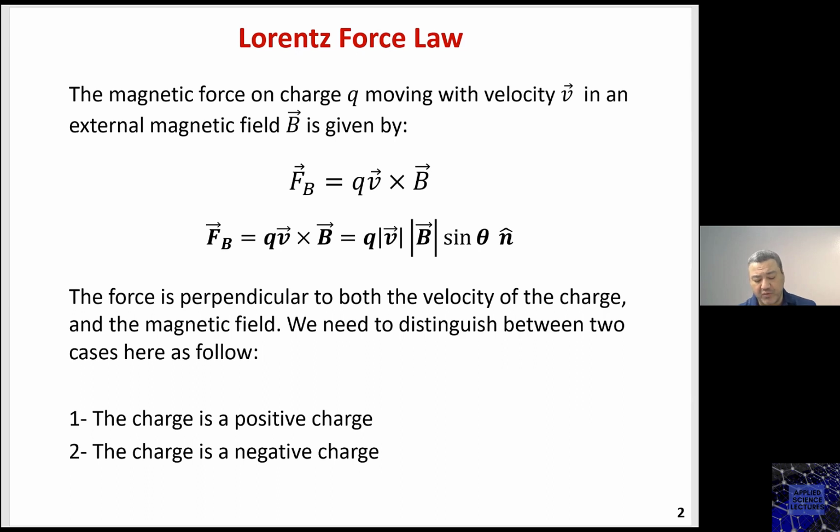So the magnetic force, which is the Lorentz force here, equals Q V cross B. So the cross product of two vectors, the velocity of that charge cross the magnetic field, of course, with the scalar Q being multiplied by the velocity, then the force would be a vector that is perpendicular to the plane of the V and B. So the mathematical representation of this is Q, magnitude of velocity, times the magnitude of the magnetic field, times sine theta, which is the angle between the velocity vector and the magnetic field vector, times n hat.